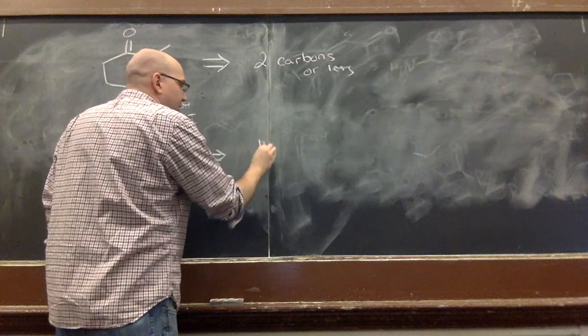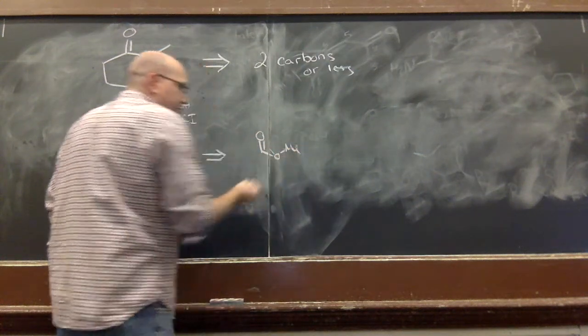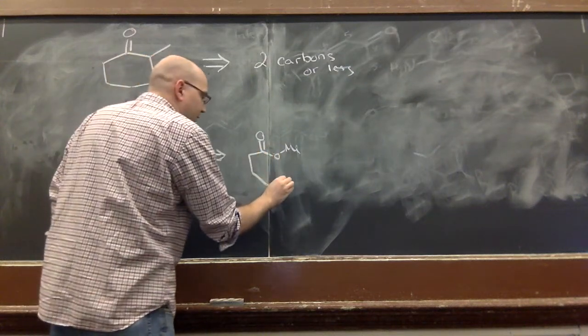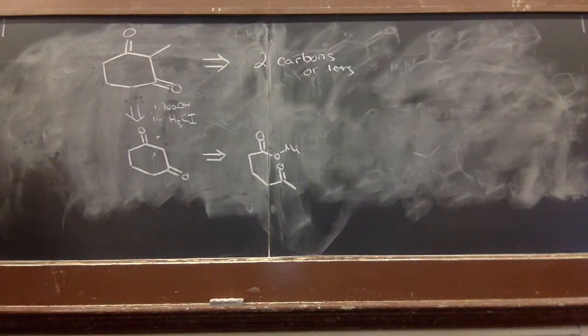And so the Dieckmann would be, again, it doesn't really matter what we put here, we'll just stick a methyl group there. We're eventually going to have to get rid of that methyl group afterwards, but that shouldn't be an issue. But that would be the Dieckmann starting material. Okay.